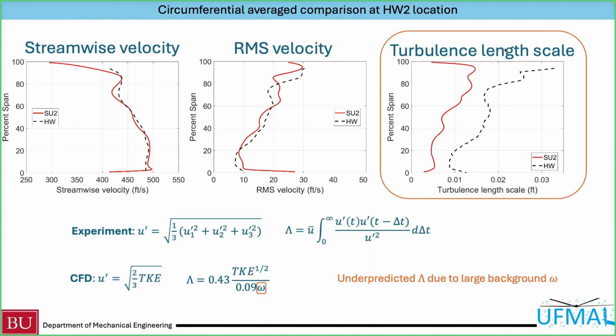In our internal study, we compared the SU2 solution against another CFD code, but I'm not allowed to show that here. But we found that the omega prediction in SU2 is larger than in the other CFD solution, especially at the hub.